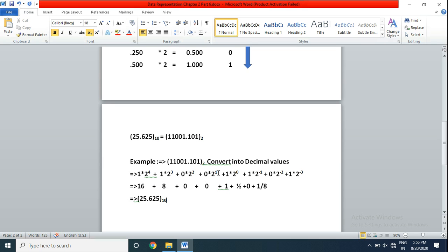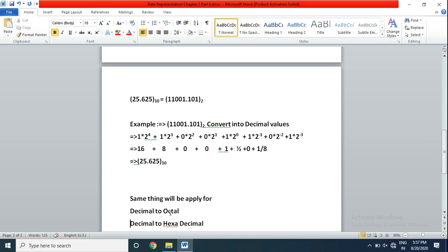Then we add powers. Before the point value we start adding powers from 0, 1, 2, 3 and 4, and after the point value we give powers -1, -2 and -3. Then we solve this, and our output is 25.625.